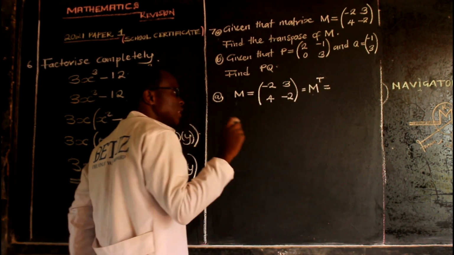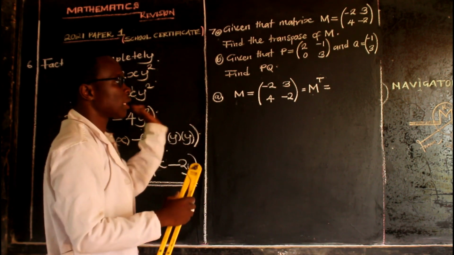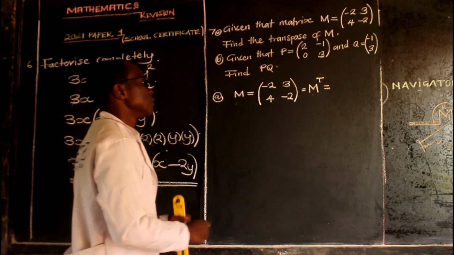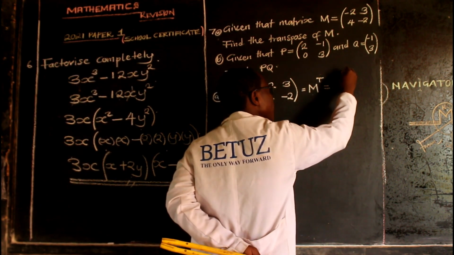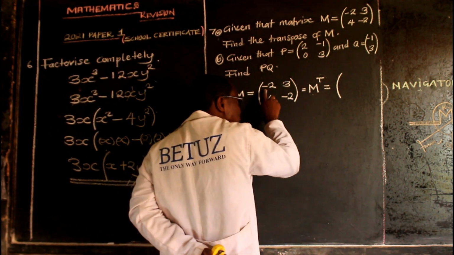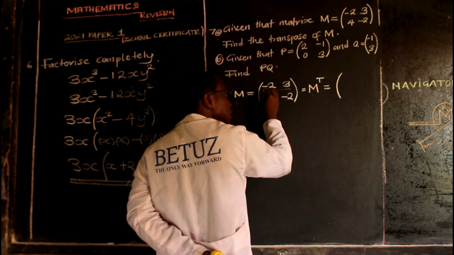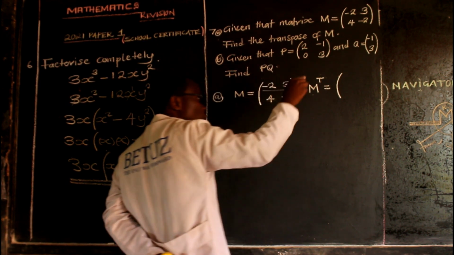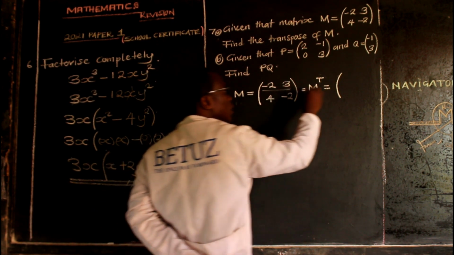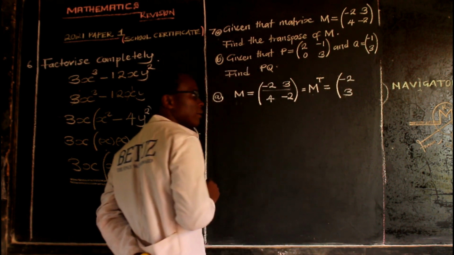Now, how do you transpose a matrix? We transpose a matrix by changing the rows into columns and the columns into rows. In this case, the first row is going to become the first column. When you transpose this matrix, it's going to be negative 2, then 3.